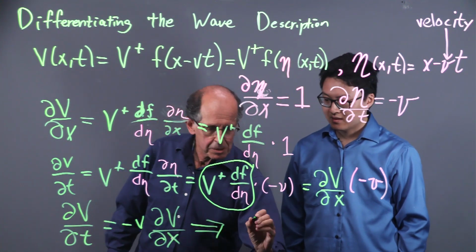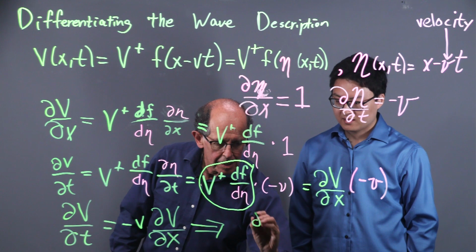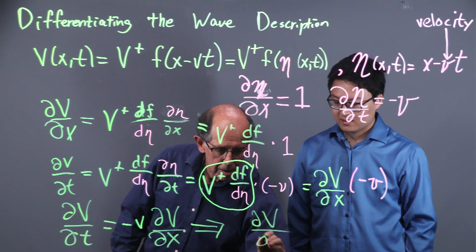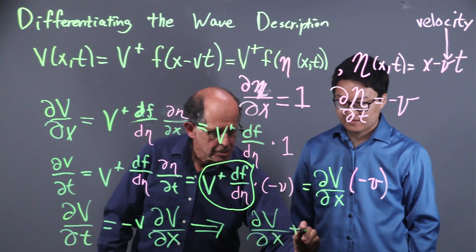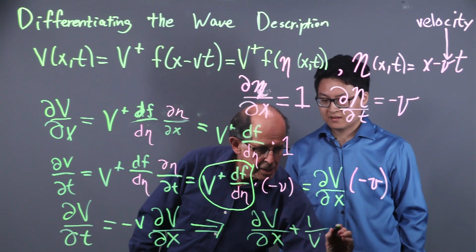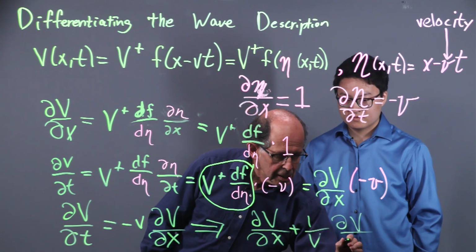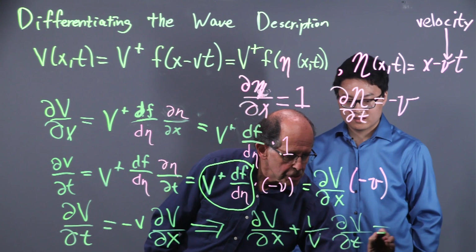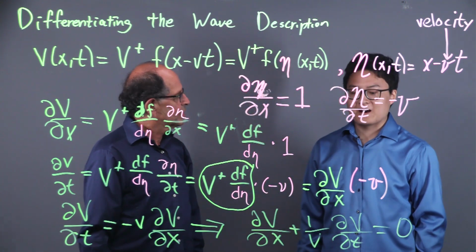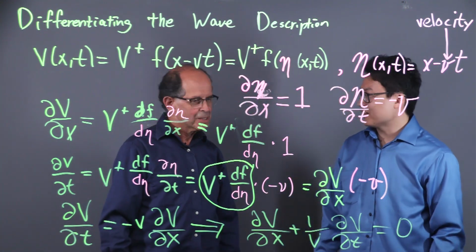Simple algebraic rearrangement, we get dv dx plus 1 over v dv dt equals 0.